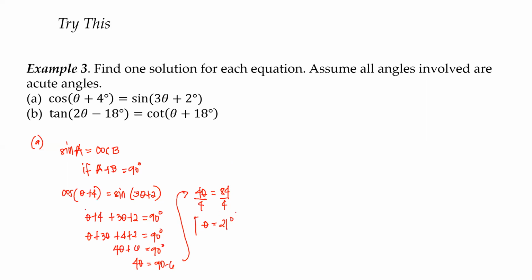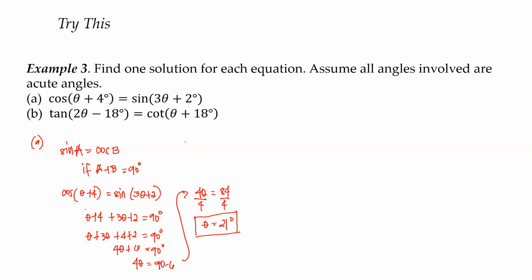So this is theta. Then theta plus 4, that's 25. 3 theta, that's 21 times 3, that's 63, plus 2, that's 65. 65 plus 25 is equal to 90 degrees.